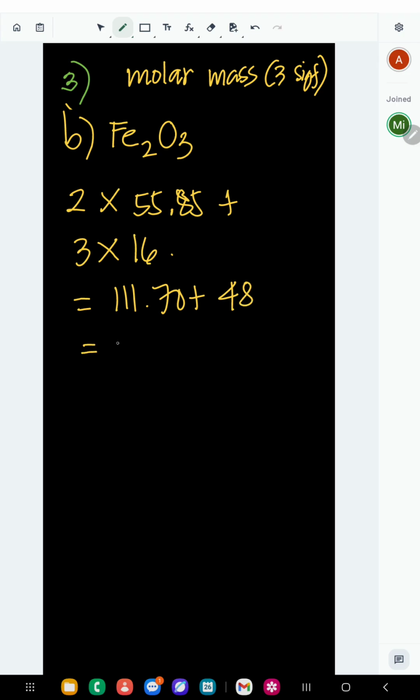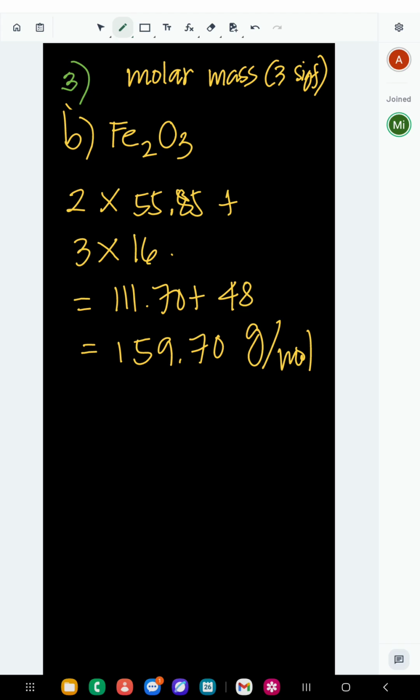What did you get? Okay, that's correct. Letter C? Okay, so we're asked to report 3 significant digits. That one is 160.